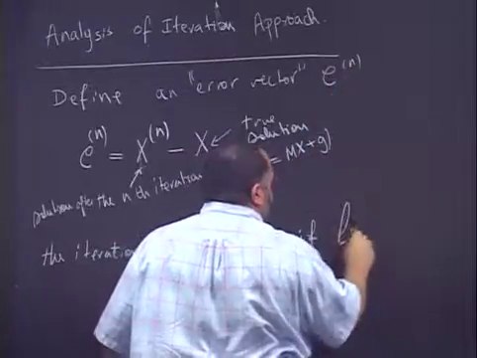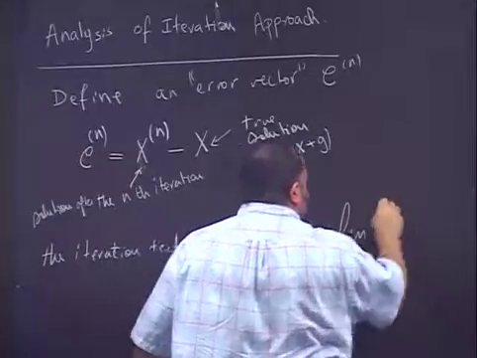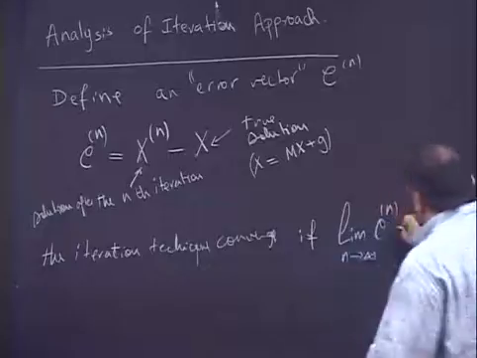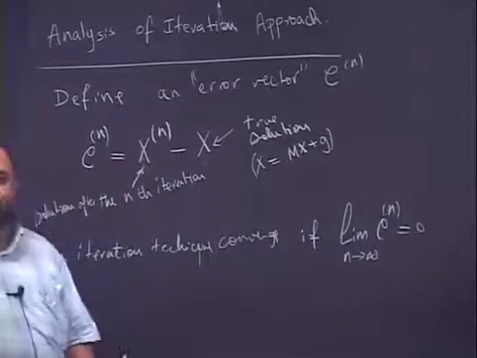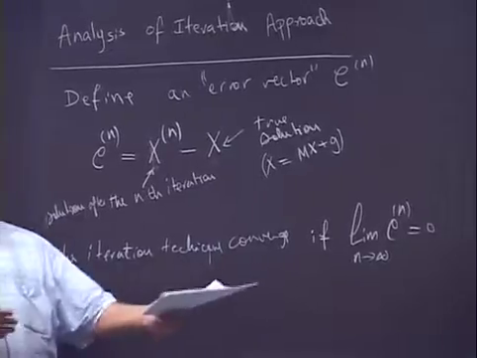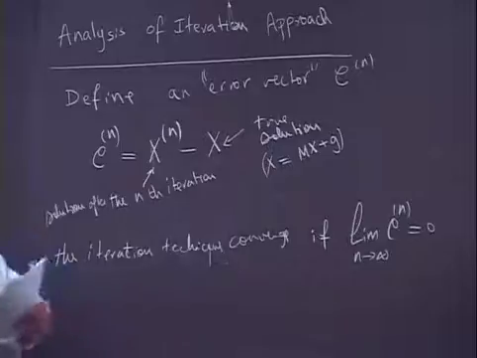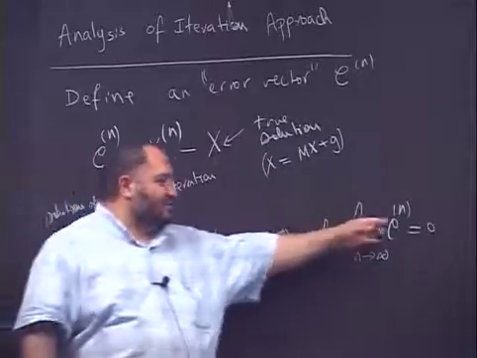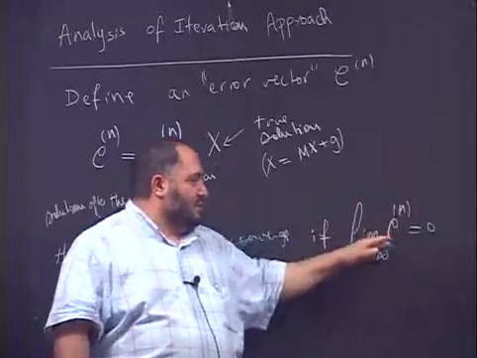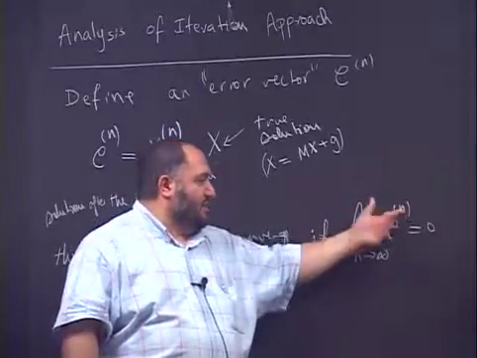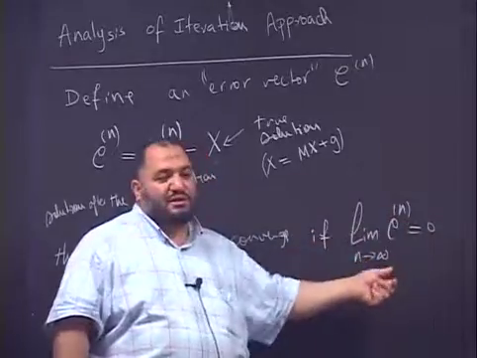So it will only converge when n goes to infinity. The nth error goes to 0. Let's assume that we started 10 million iterations, or 100,000, or 10,000. I don't know how many, but after some iterations, En, the error after the nth iteration, the limit as n goes to infinity, will go to 0.